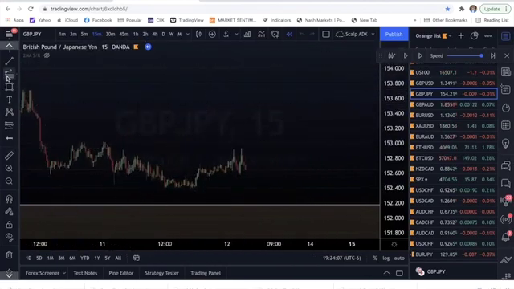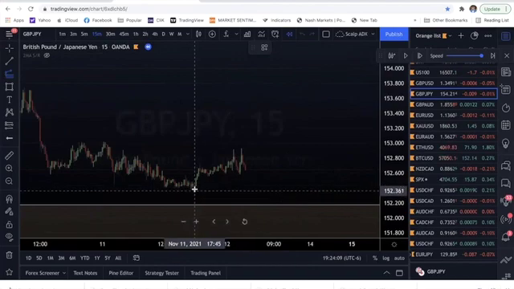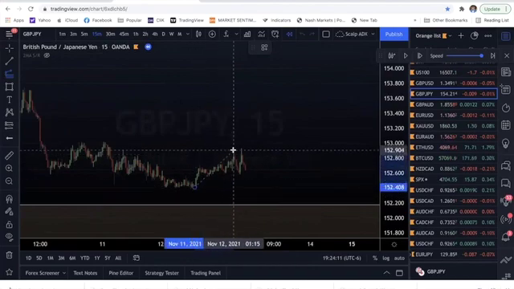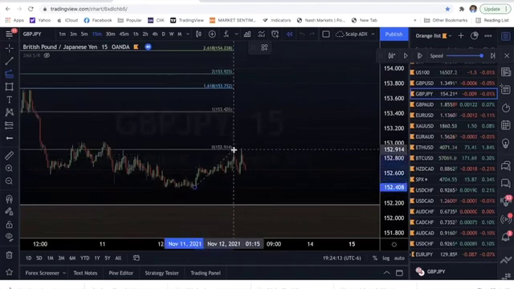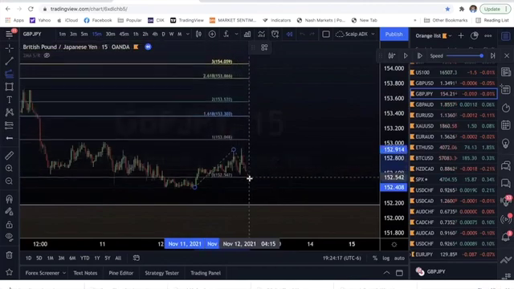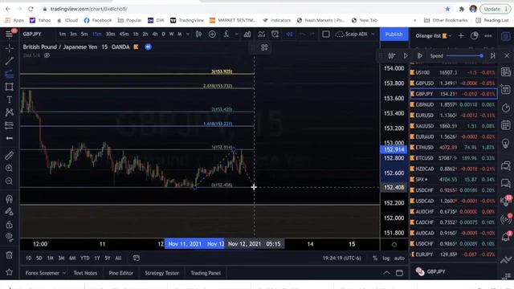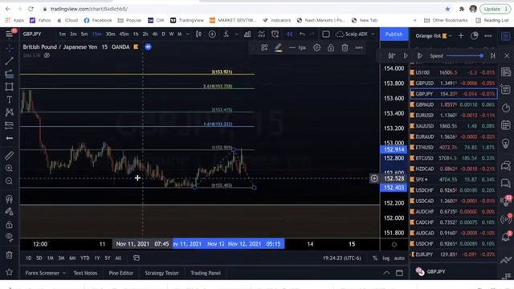So here's what we do. We do Fibonacci extension. We do the swing low. We go to the swing high. All right. You see that pop up? And then we bring it back down to the swing low. We make a triangle. Y'all get that? I'm gonna do that again.